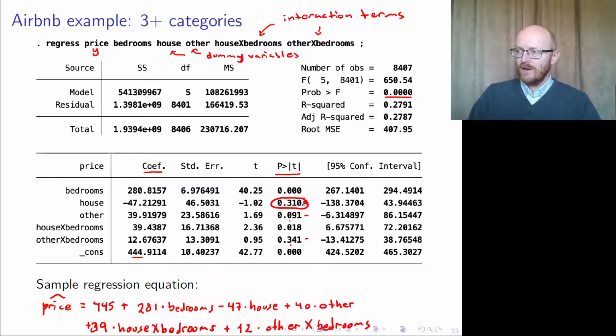So what you can get from this is that you can perform a hypothesis test for intercepts and slopes between groups as long as one of those groups is the base case.